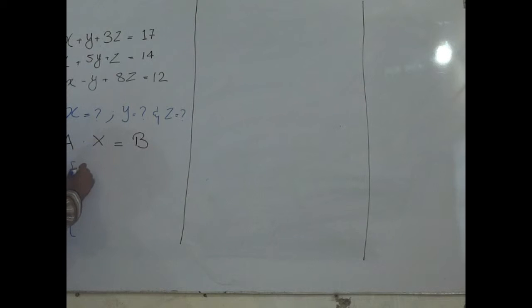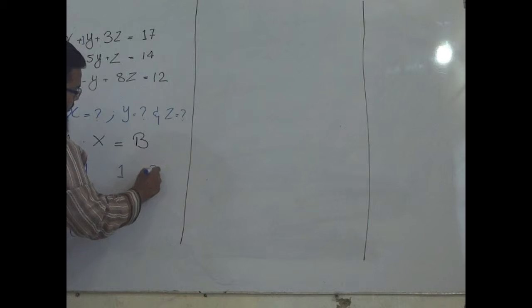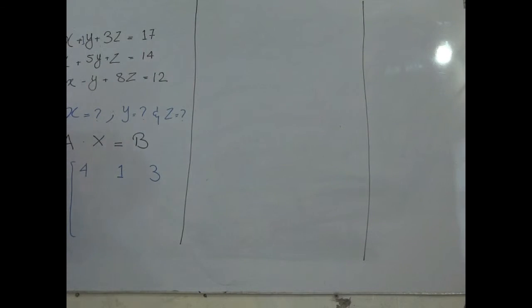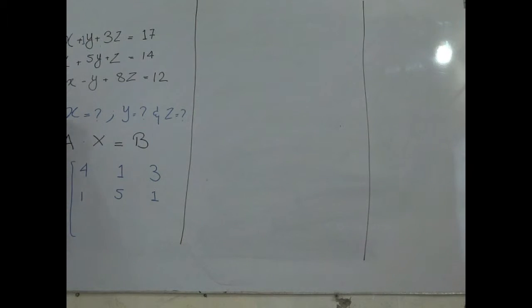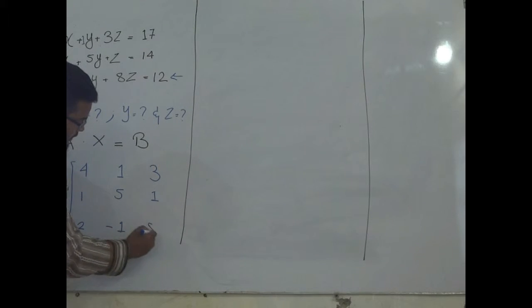For the first equation, the coefficient of x is 4, y is 1 because y only has 1, and 3 of z. Now for the second equation, x is 1, coefficient of y is 5, coefficient of z is also 1. Now for the third equation, coefficient of x is 2, coefficient of y is minus 1 and coefficient of z is 8.